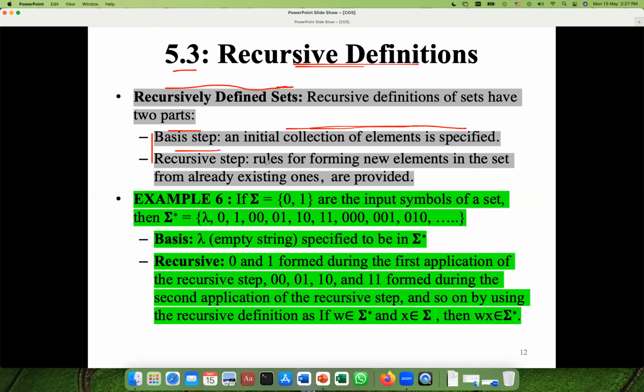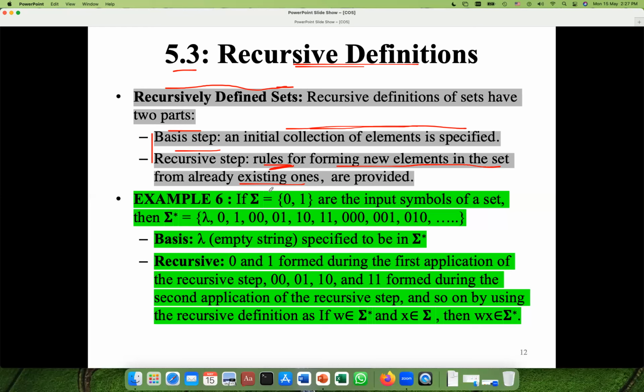That is written here. So you will have some rules, and those rules would be the recursive formula. We will use these formulas for forming new elements in the set. We will use the existing elements and form the new elements for this set.